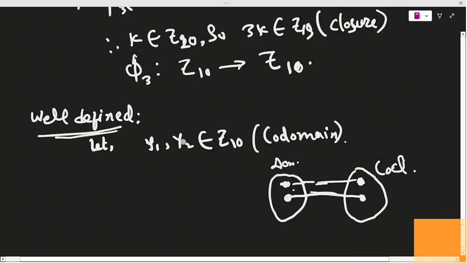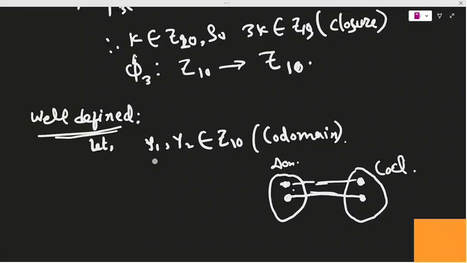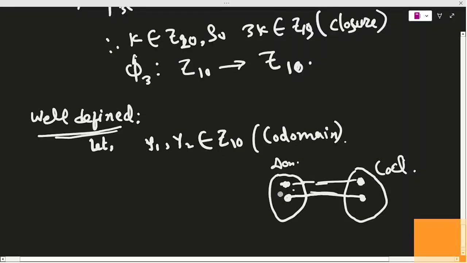So we are going to let y1, y2 belong to Z10 and y1 is not equal to y2.